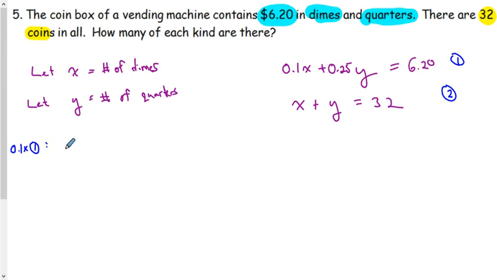So let's do that. I'm going to take my equation number 2. I mislabeled it. I'm going to say equation number 2 times 0.1. So what am I going to end up with? I'm going to end up with 0.1x and 0.1y equals, what's 32 times 0.1? That's easy, it's just 3.2.